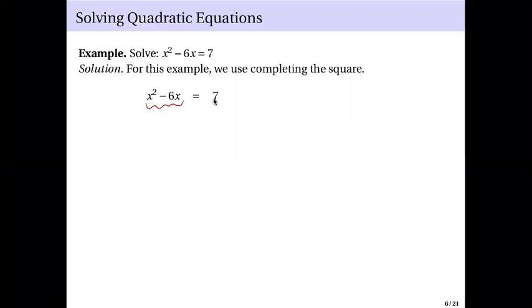What we're going to do is write the left-hand side as a perfect square trinomial by adding some number. Actually, we will add something to the left-hand side, and then we will add the same thing on the right-hand side. So what are we going to add?